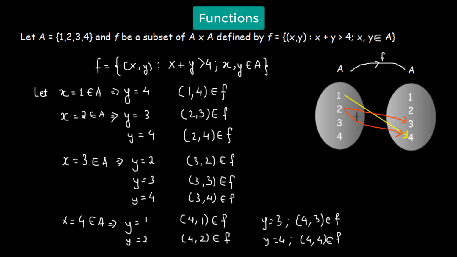Then from 3 in the first set, it is mapped to the elements 2, 3, and 4 in the second set. And finally, the element 4 in the first set A is mapped to each of the elements of the second set A.